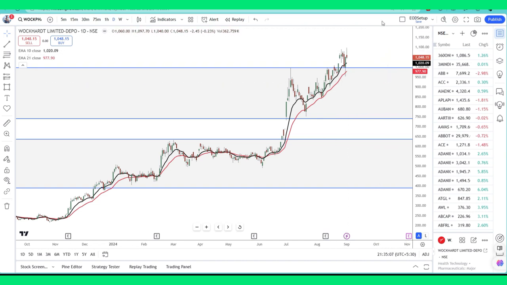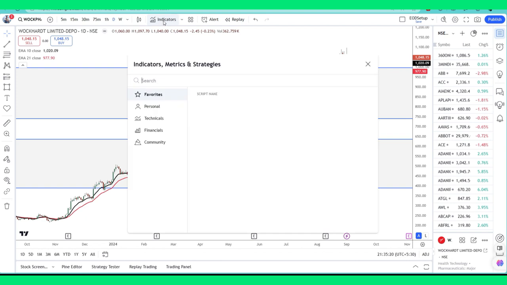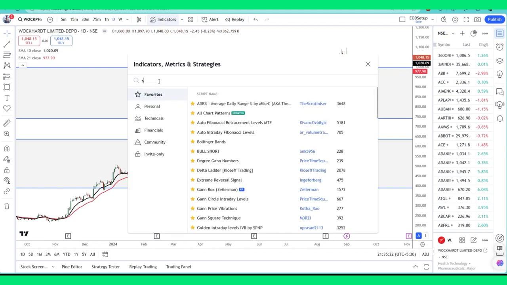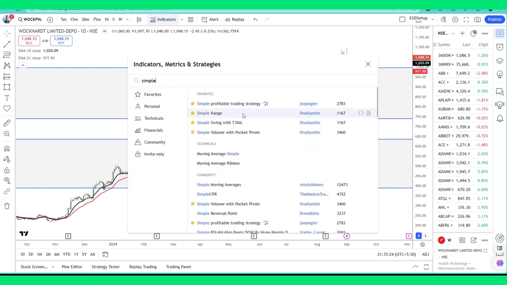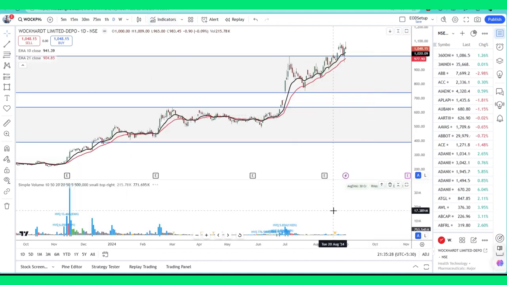So this stock also retested the 21 EMA. This stock is very interesting to me, although the range of the candles is very high. You will also get a very good idea when we put in the volume parameter.